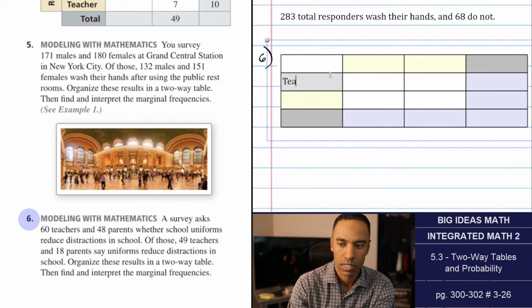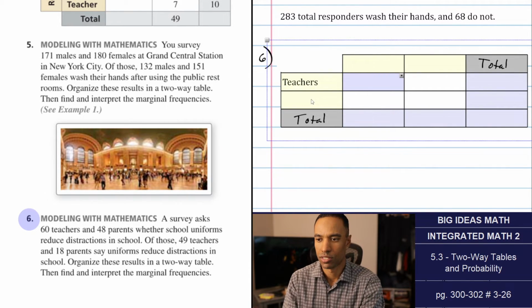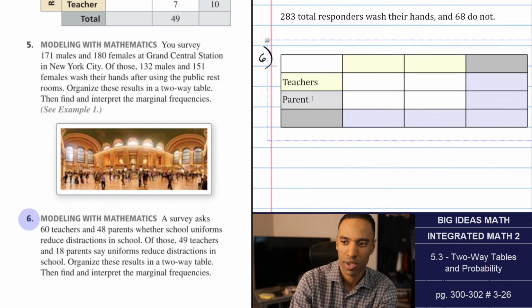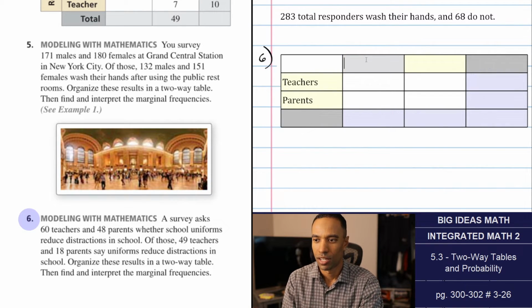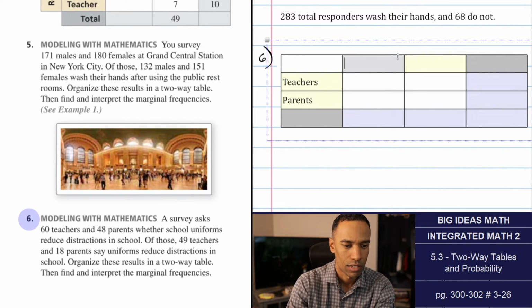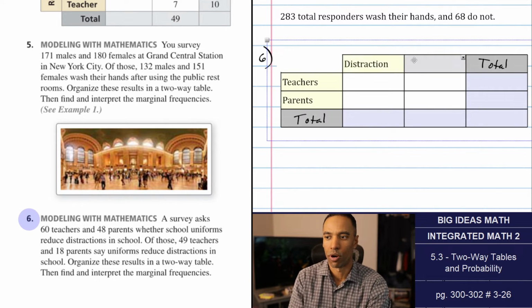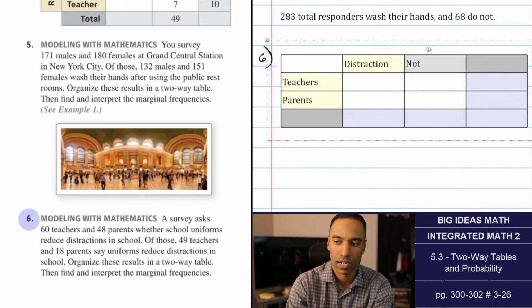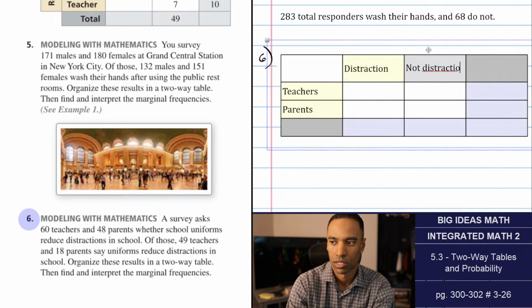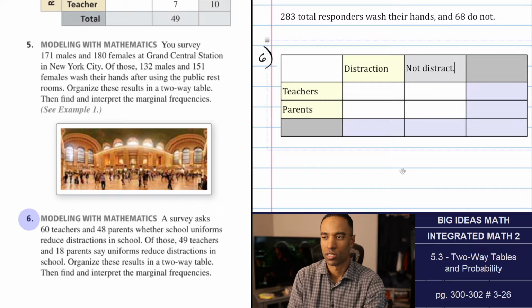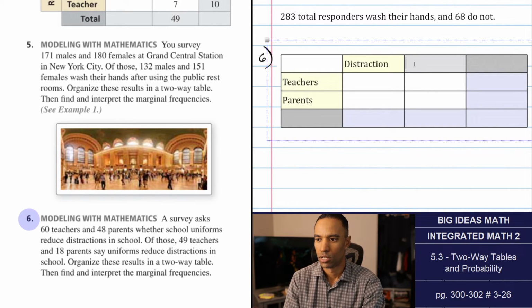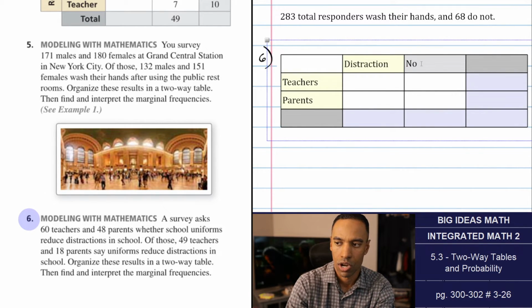Let's see. Teachers versus parents, and distraction. This is uniforms. So that'd be the category, right? Not distraction. I'll just say no distraction.